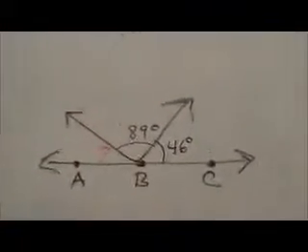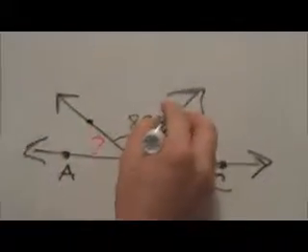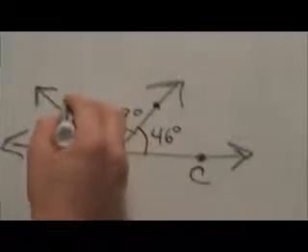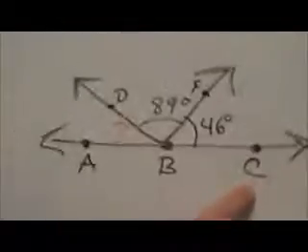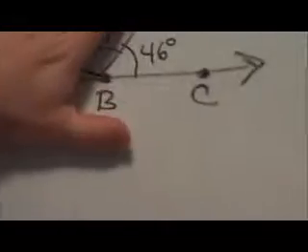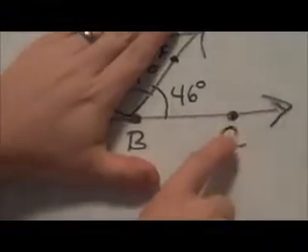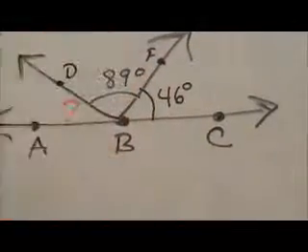Now, I need to find the angle for this point right here. I'm going to go ahead and finish this off just so you can see this. The first thing you need to understand is I have a straight angle, angle ABC. I also have an acute angle, angle CBF.